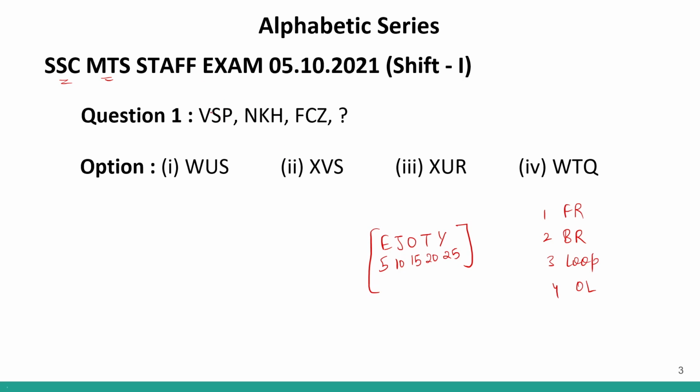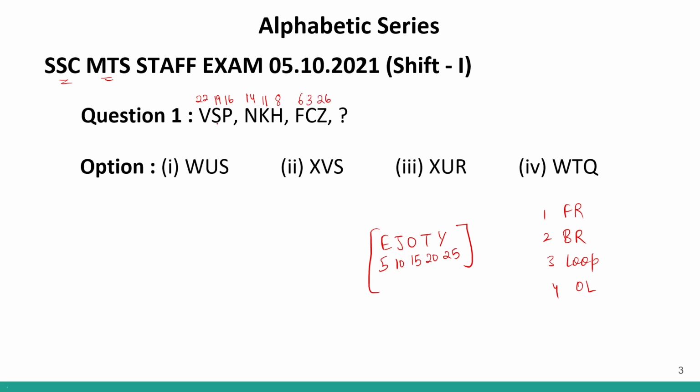Now let us look over here. The forward rank for V is 22, for S it is 19 and for P it is 16. Similarly for N, the forward rank is 14, K is 11 and H is 8. F is 6, C is 3 and this is 26.